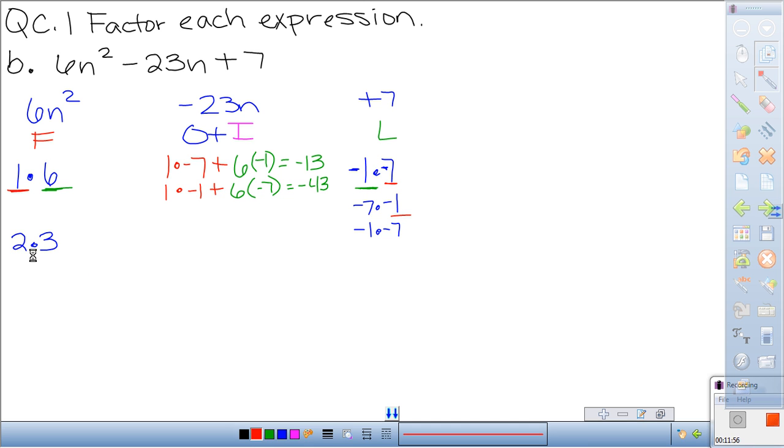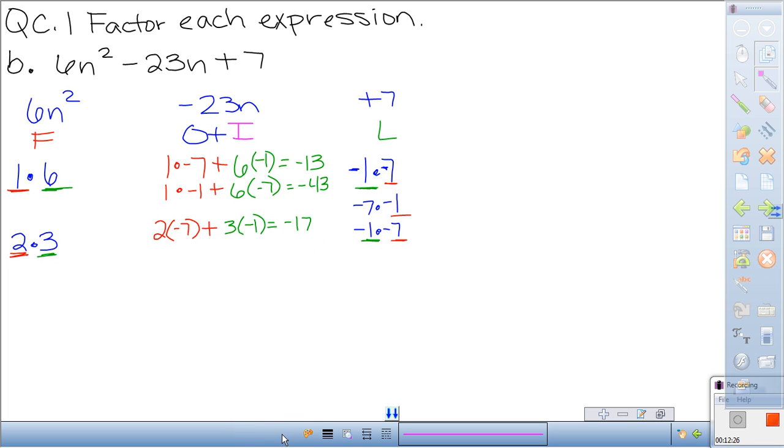So I have outer times outer, 2 times negative 7 plus, and then the inside, 3 and negative 1. 3 times negative 1. 2 times negative 7, that's negative 14. 3 times negative 1, negative 3, negative 17. Okay, that's kind of close, but still not it.